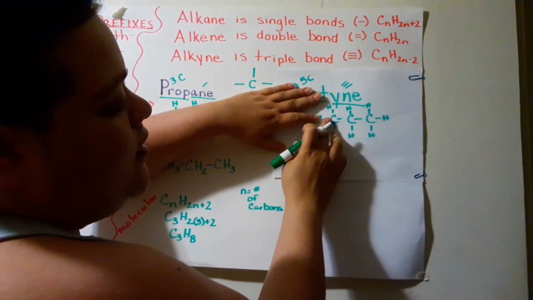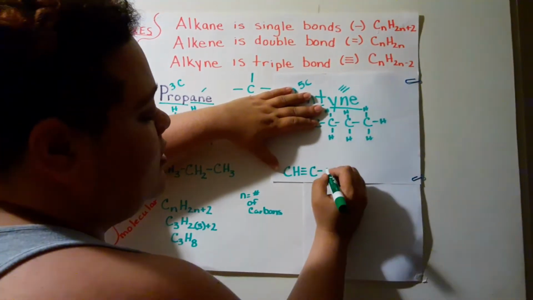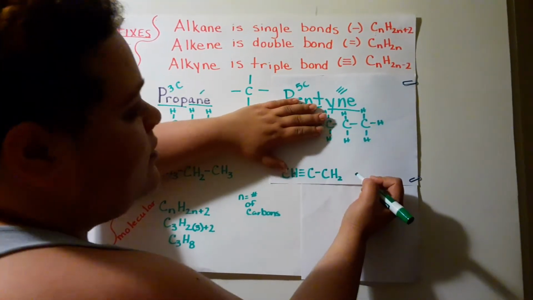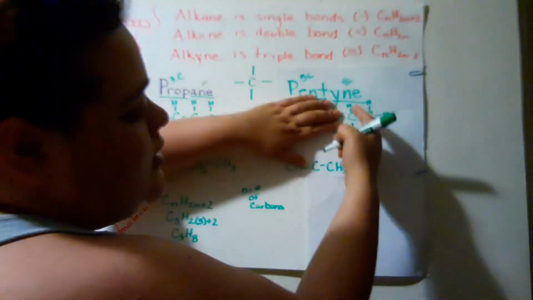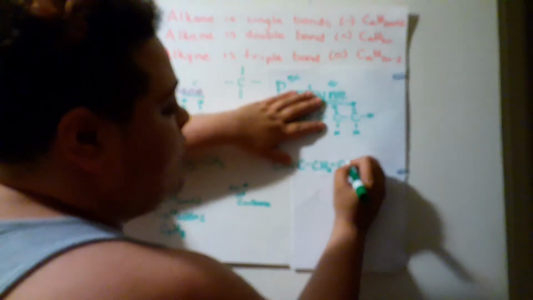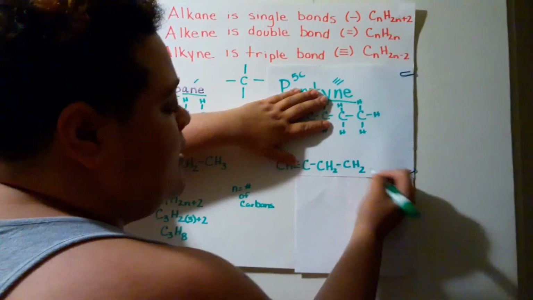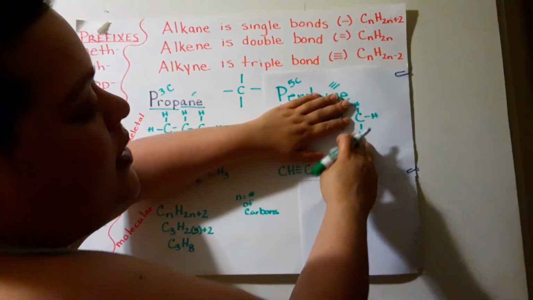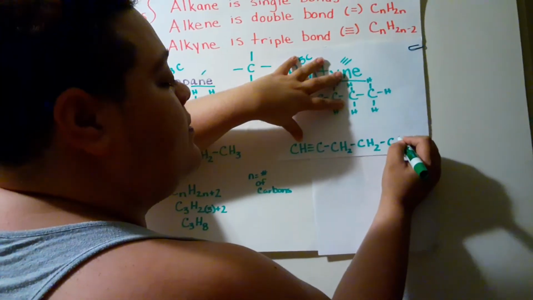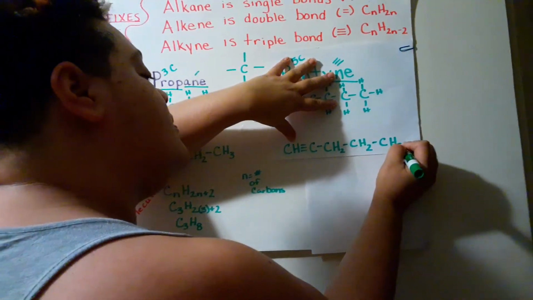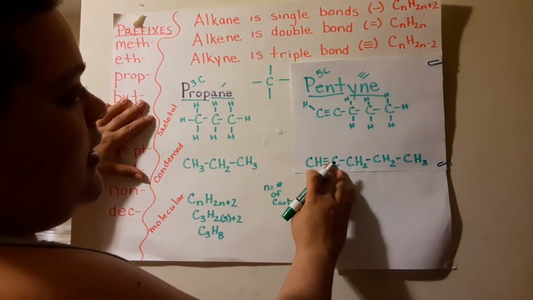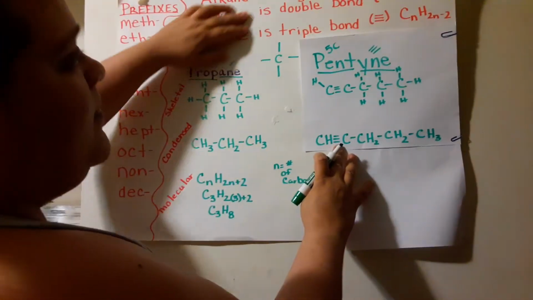Now you have your third carbon with 2 hydrogens. Your fourth carbon, once again, connected with a single bond that has 2 hydrogens. And now our fifth carbon has 3 hydrogens. All right, and that would be the condensed formula for our pentyne.